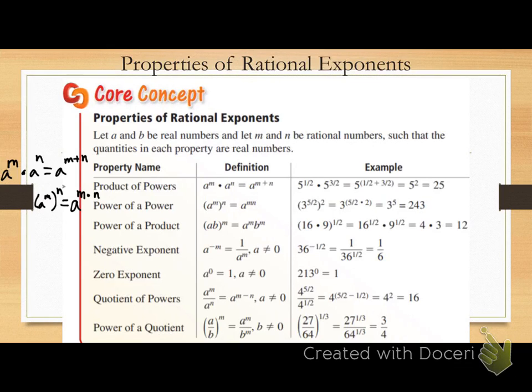Power of a product. Got two things being multiplied together, raised to an exponent. I can just raise each part of that product to that exponent. So ab to the m power would be a to the m power times b to the m power.